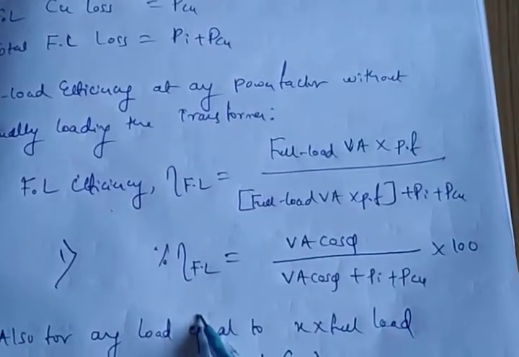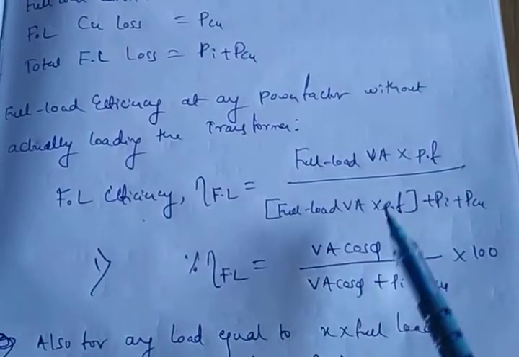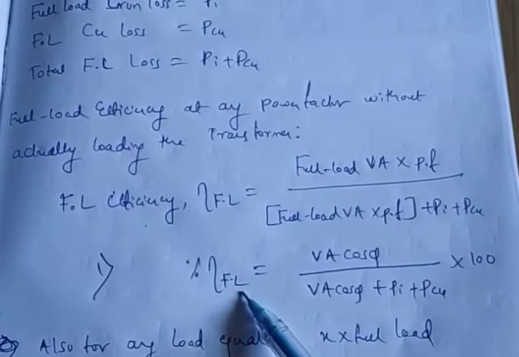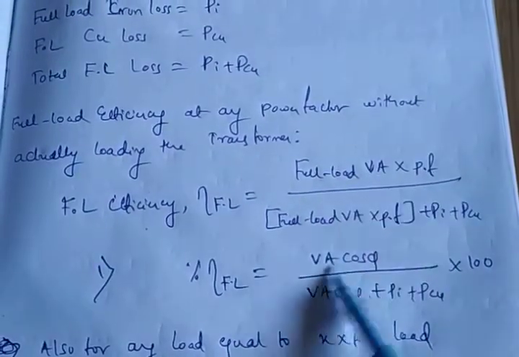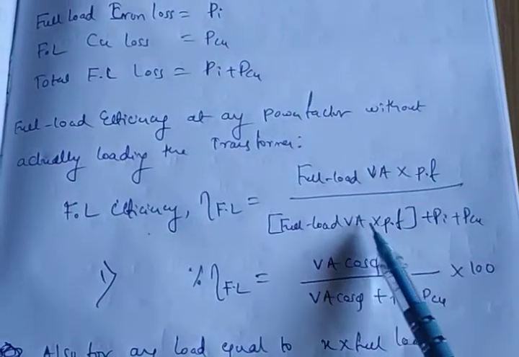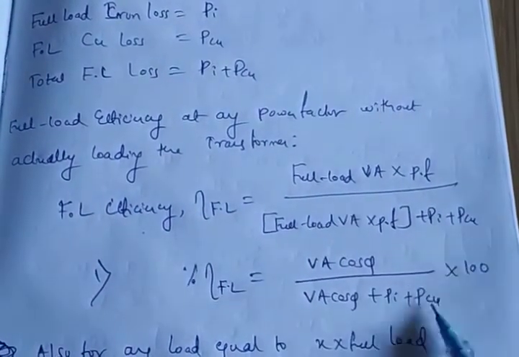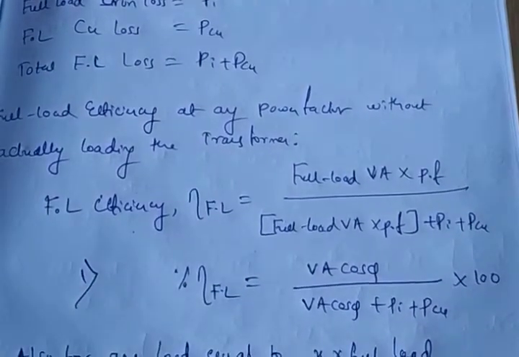So the percentage of efficiency at full load condition is given by VA cos phi divided by VA cos phi plus Pi, iron losses, plus PCU, copper losses, into 100 because it is a percentage.